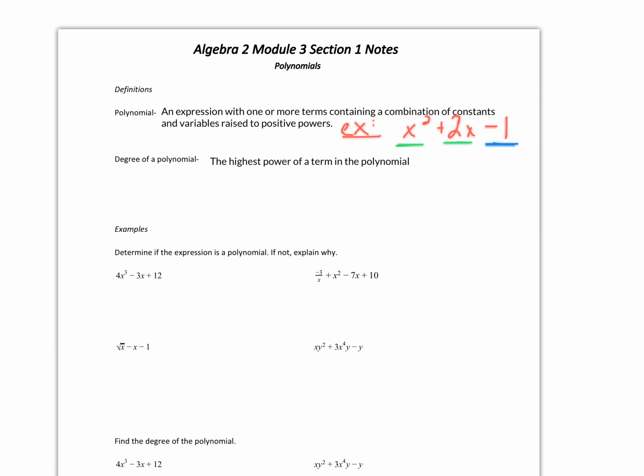So if I use that example from before of x squared plus 2x minus 1, well, this term has a power of 2. This term has a power of 1. This term has a power of 0. So the highest power, or the degree, comes from this guy. The degree is 2.